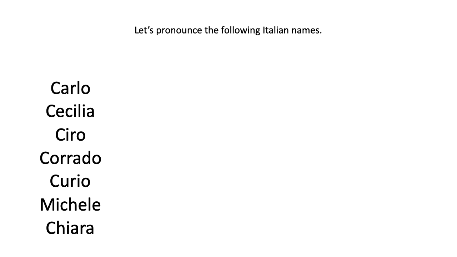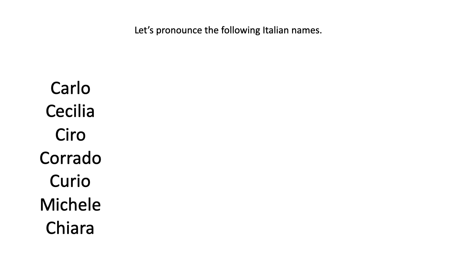And then the final name, CHI, again, it does the hard sound of the C, so Chiara. Chiara. Actually, Michele and Chiara are two of my Italian cousins. Well, Michele is my cousin, Chiara is his wife, right? So these are very, very common names in Italian.